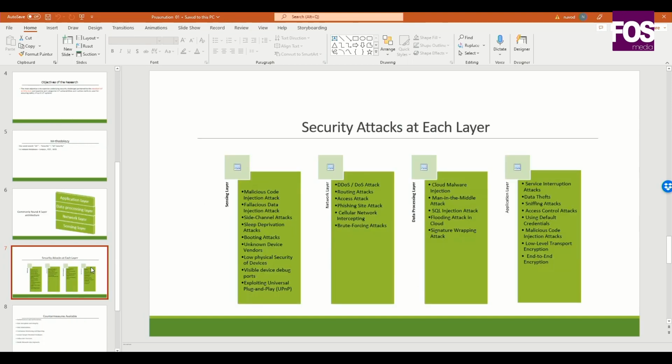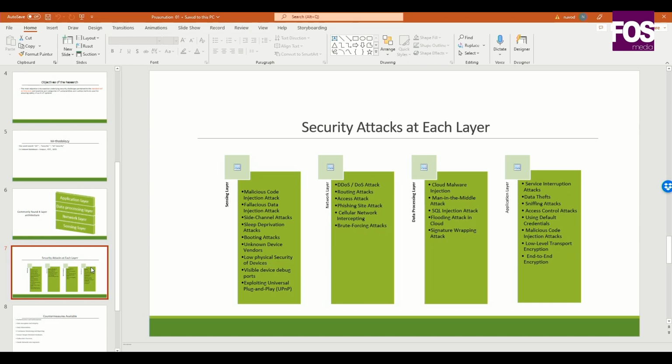I'm not going to go through all these things. What we have done was, based on the architecture, we categorized each of the security vulnerabilities and the attacks that target each layer. At the sensing layer, a hacker will actually compromise the physical security of these devices.